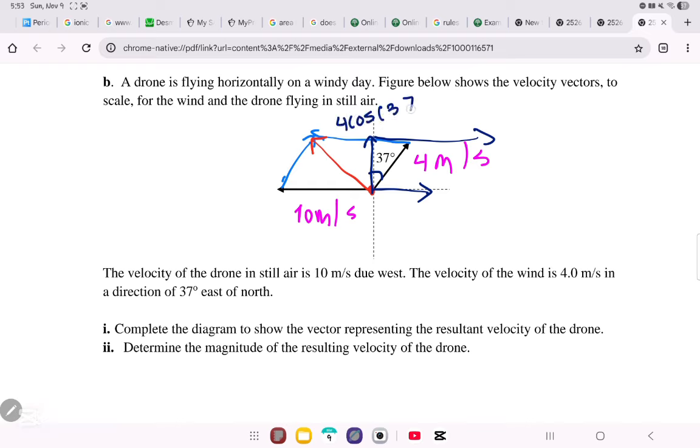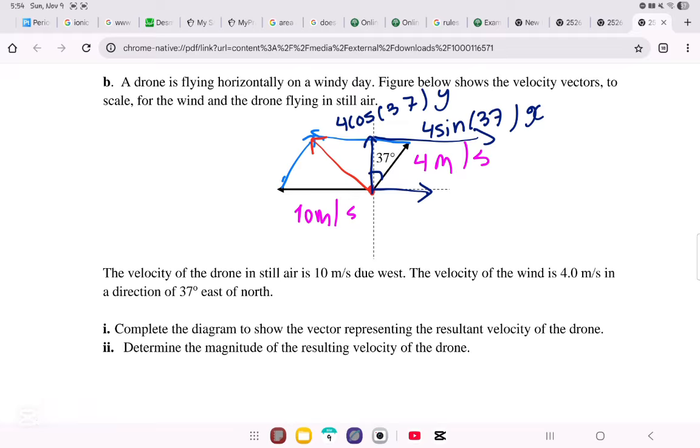The x is opposite to the angle, so it's going to be 4 sine 37, right? So this is y, this is x. And now we need to add and subtract. So we do 4 cosine 37, there's nothing to add or subtract, and then 10 minus 4 sine 37.